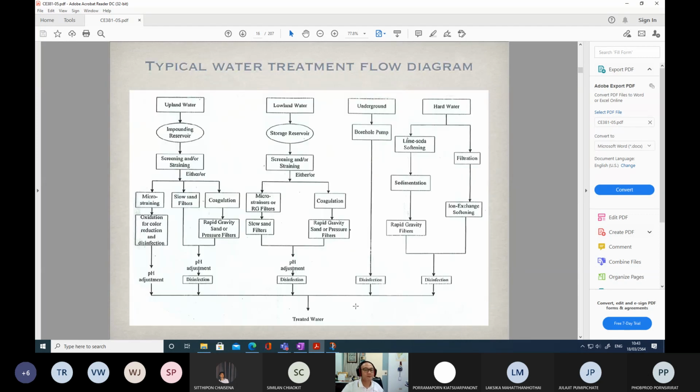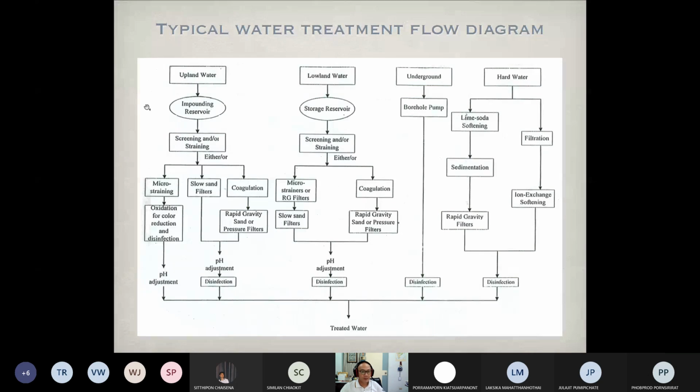Here, there are the process unit operations and the list of unit operations and unit processes we normally use to treat water. In this slide, if we use upland water, several processes are required to purify water.